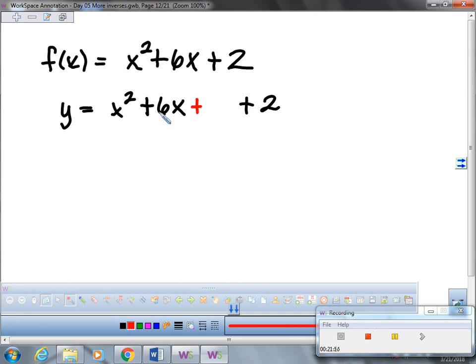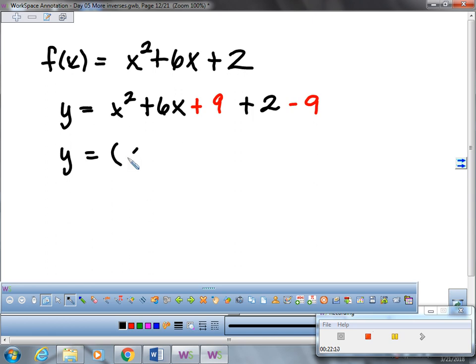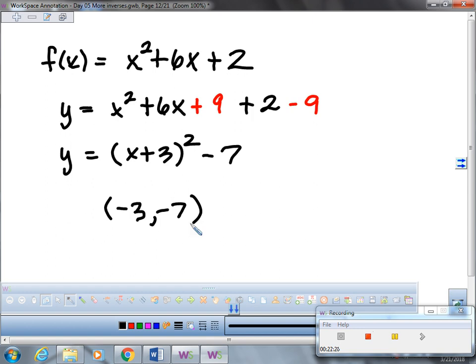So 3 squared is 9, so I'm going to add 9 and I'm going to subtract 9 so that I'm adding nothing. My scale is still even. So now I have y equals (x plus 3) squared minus 7. So my vertex is negative 3, negative 7.